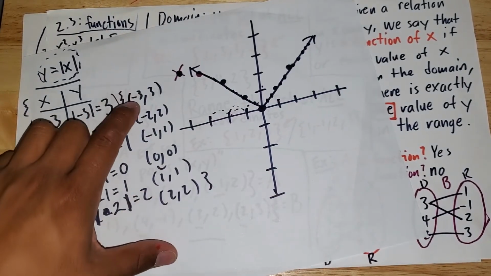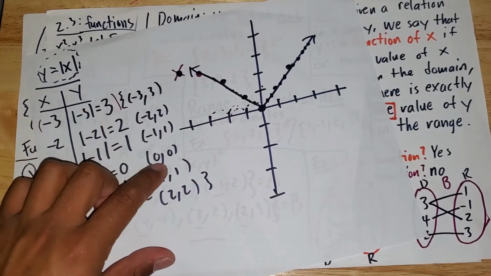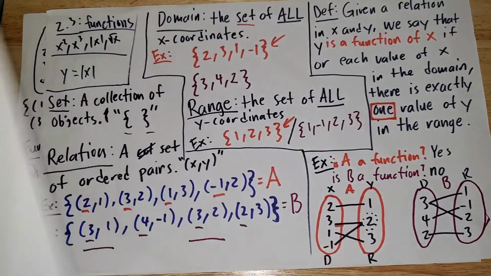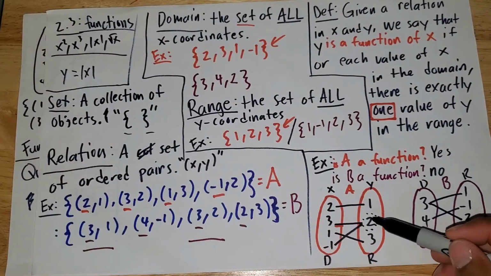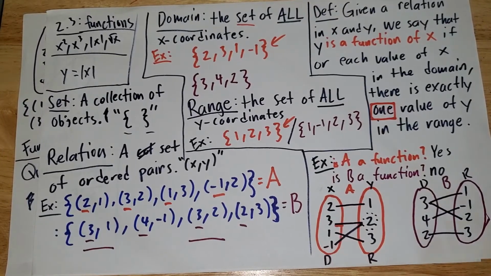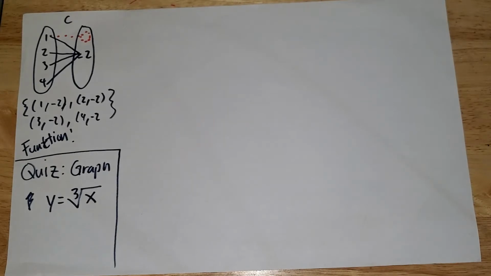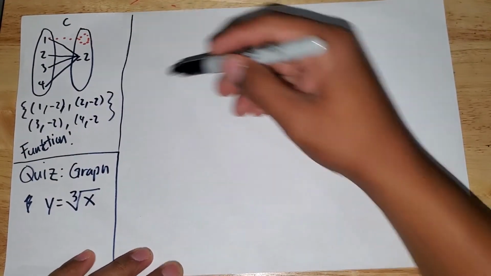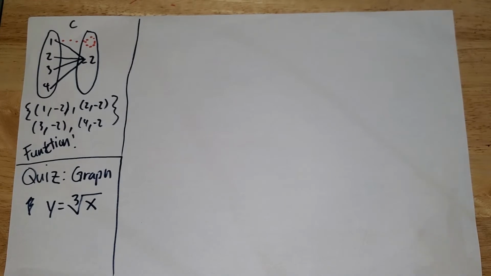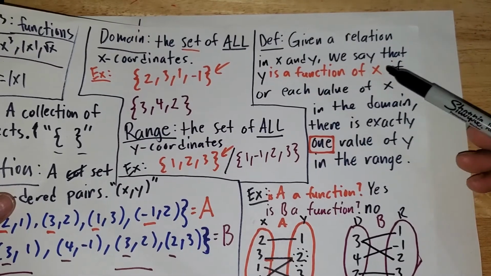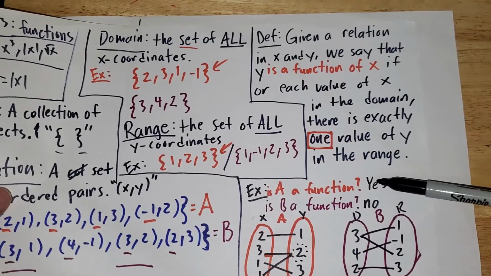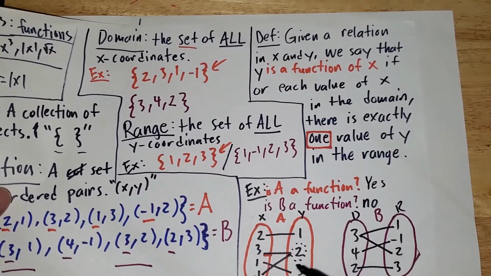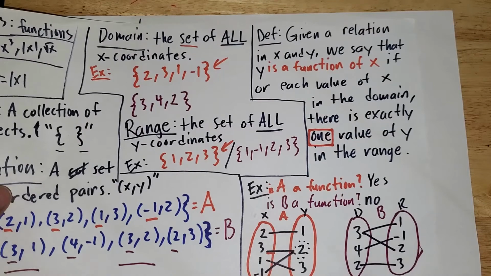So I'm not going to be able to verify every single ordered pair to make sure that it's going to exactly only one y and then call it a function. So then what we have to do is see how can we determine if something functions another way. The way we did it first was just use the definition, and I looked at it, yes, no, and then we saw the mapping, and we saw how this mapping worked.